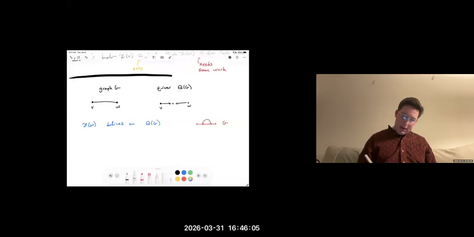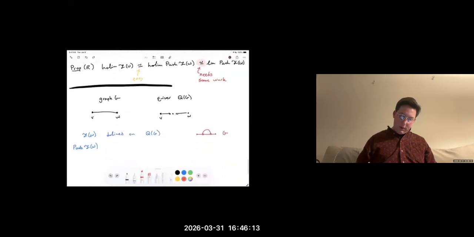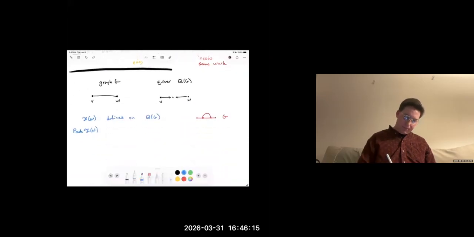For example, we had this G, and we have that path L of W, right? By definition, this is extending every piece like this. This one was defined on Q of, say, the subdivision of G. When I say the subdivision, I really just mean you take every edge and you just add an extra vertex there, right?